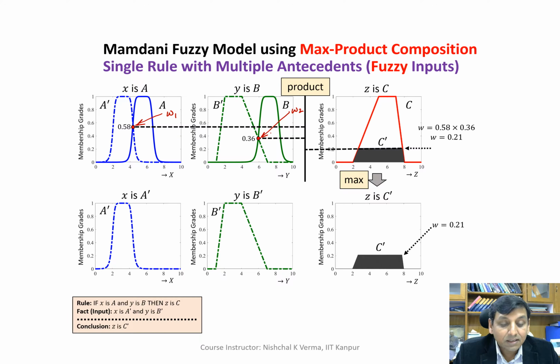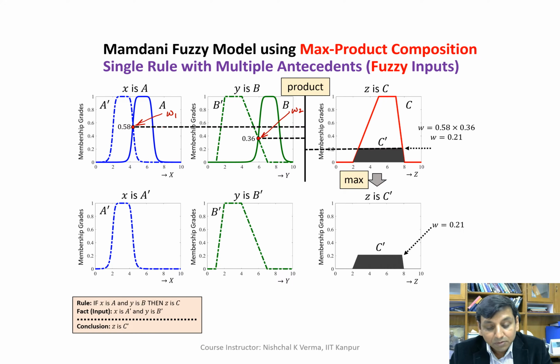Since we are using max product composition instead of max min, where we took the min of W1 and W2, here we take the product of W1 and W2.